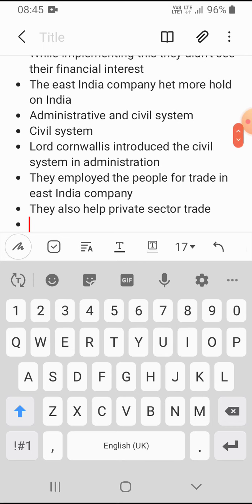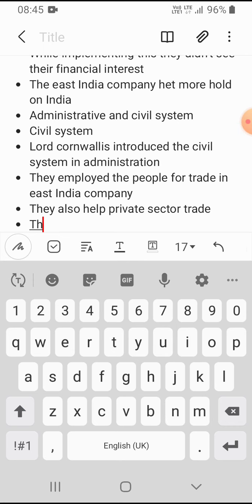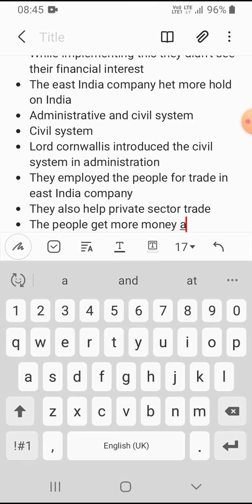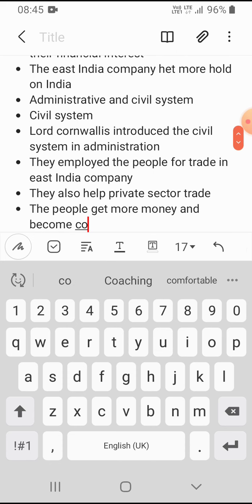The people got more money and became corrupt and illegal.